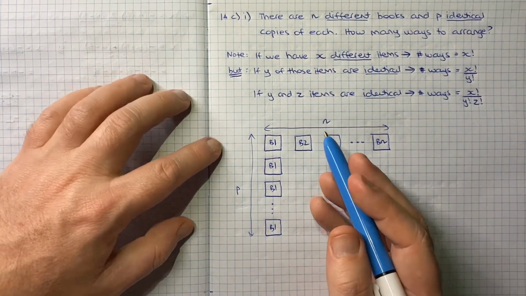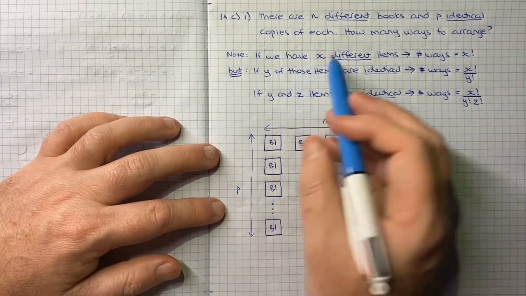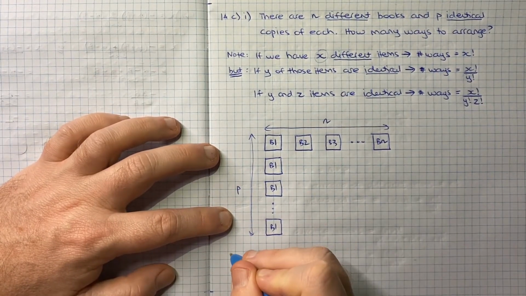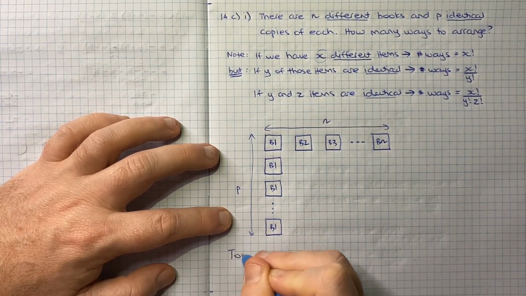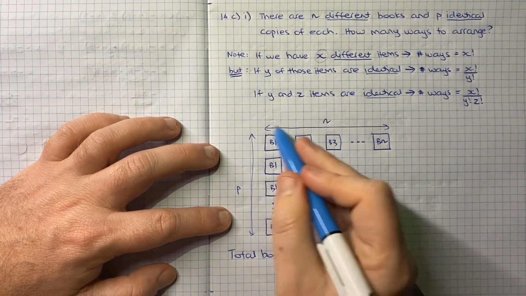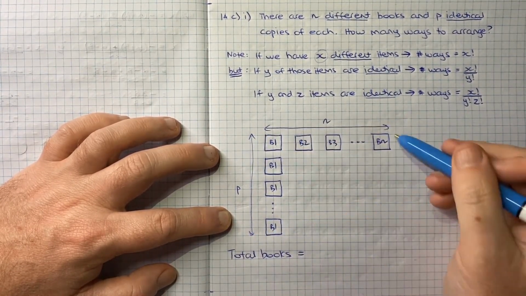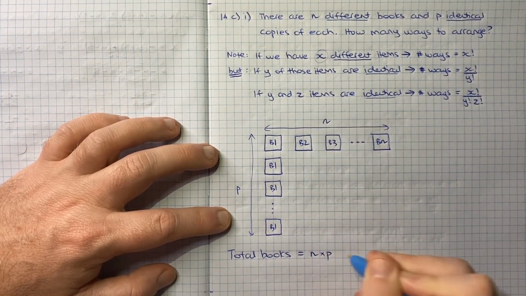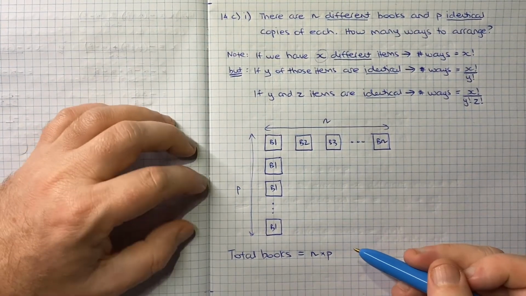So first of all, if we're thinking of the total number of items, what's the equivalent of x here? Our total books is equal to n times p. It's basically this square if we were to count up all the books. So it's n times p is the total number of books.